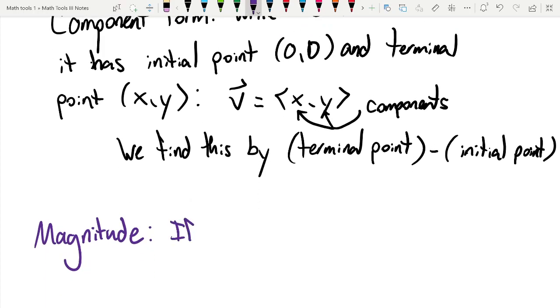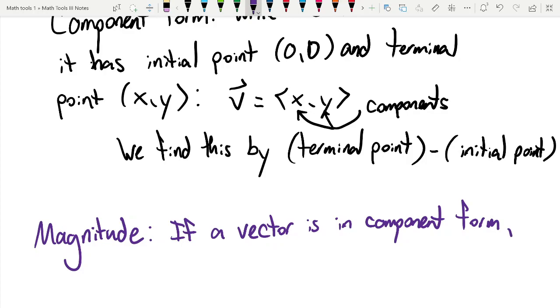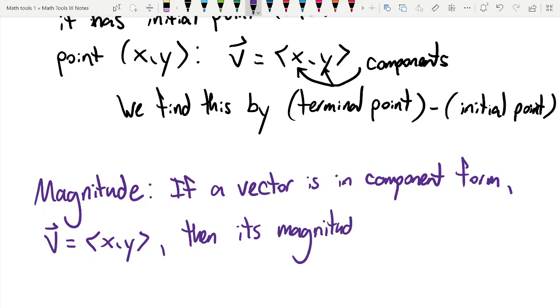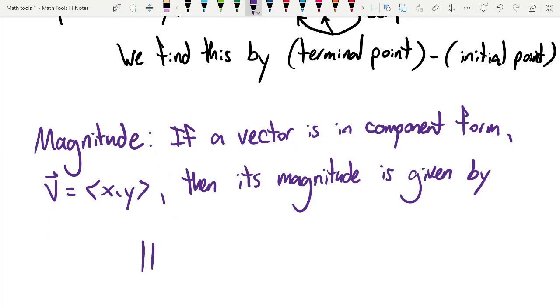So if a vector is in component form, so we'd say v is equal to x, comma, y, then its magnitude is given by, we write it with a double line, so v like this.